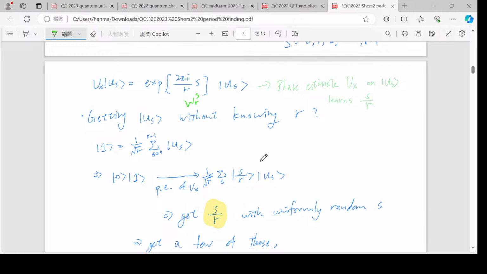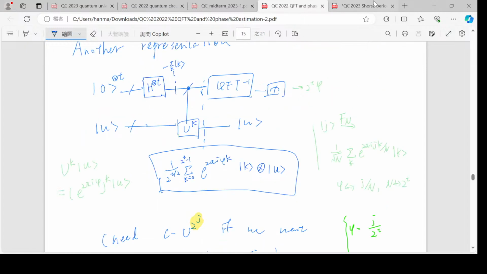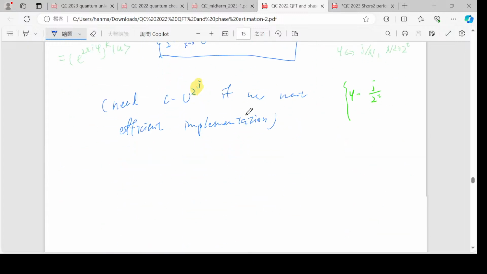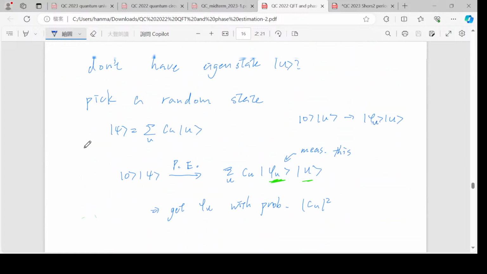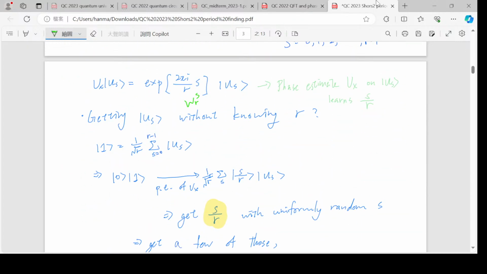Preparing different u_s is actually pretty hard. But then we use the thing that we said before, that we can use a superposition of different eigenstates. How do we get a superposition of different eigenstates? Well, one of the states is 1.